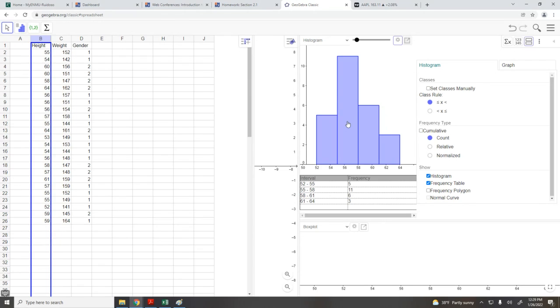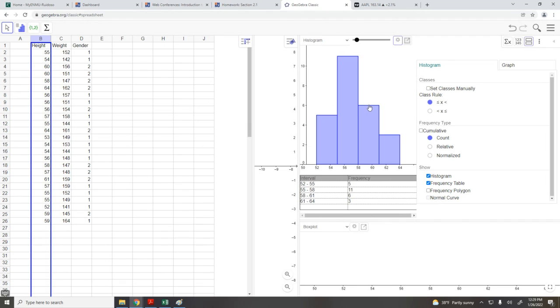So first, to get frequency polygon, you need to draw histogram and find the midpoints of each of the rectangles. This is the midpoint, that should be around 53.5. This should be the midpoint, around 56.5. Something just like that.